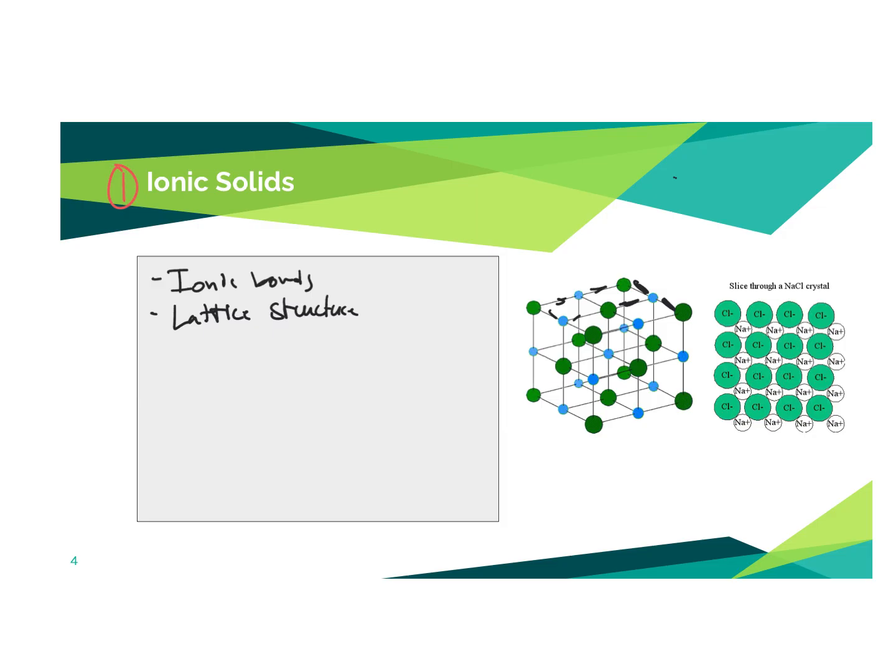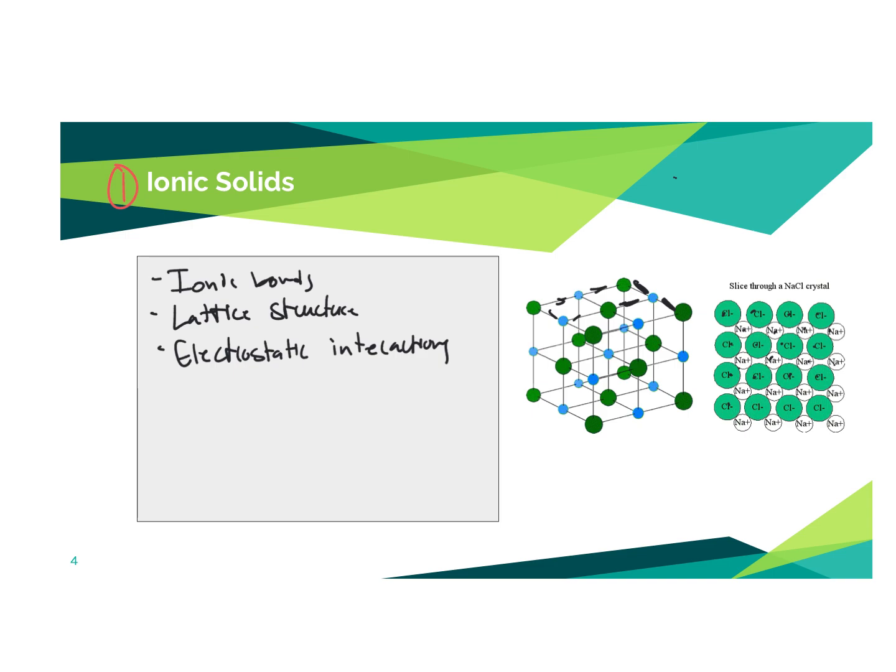And so you'll have kind of this little grid here, and then another grid followed by another grid, or you can kind of see it through a slice, right? You have these regularly ordered chloride anions, and then within them, you have regularly ordered sodium cations. And so that's what I mean by a lattice structure, held together by electrostatic interactions.